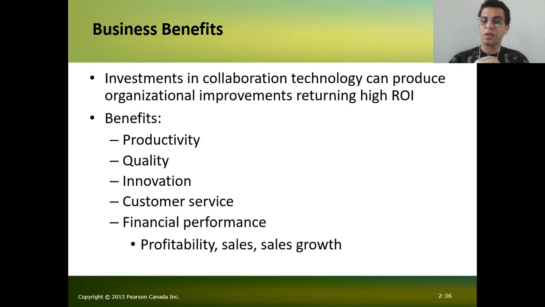So the benefit is more productivity, more quality, innovation happening, and better customer service, because you're communicating with people who have more experience, or who have done this job, or who are involved in these products. And eventually that will generate financial performance and more profitability. You will do more sales and have more sales growth.